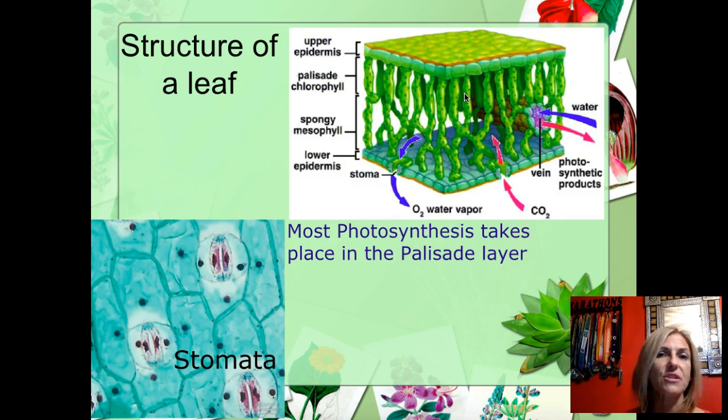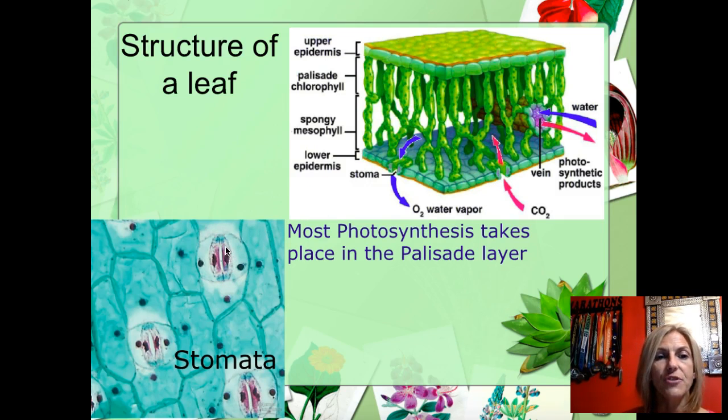Different resources will use different terms, so the palisade layer is what I'll say. Below that, the spongy mesophyll. We can see a little bit more spaciousness there. You have the lower epidermis, and then on that lower side of the leaf is typically where we find our stoma or stomata.